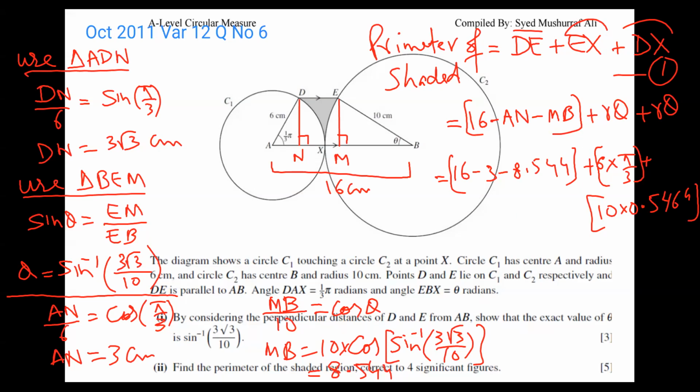After that, plus 2 pi, because it's very clear. And plus 10 times 0.5464, I'm typing in my calculator. And the answer is coming 16.2 centimeter as the perimeter. Yes, I think the concept is clear.